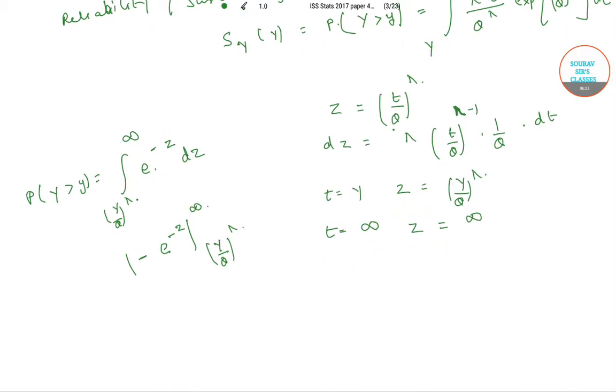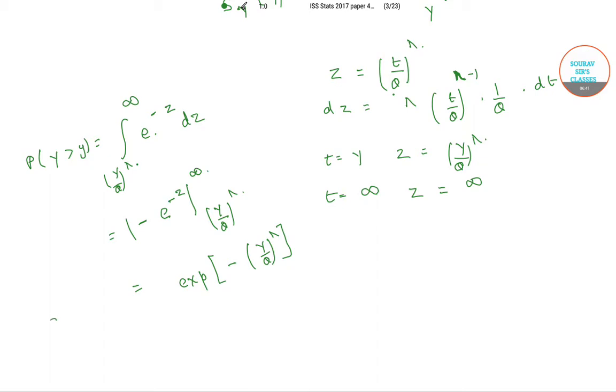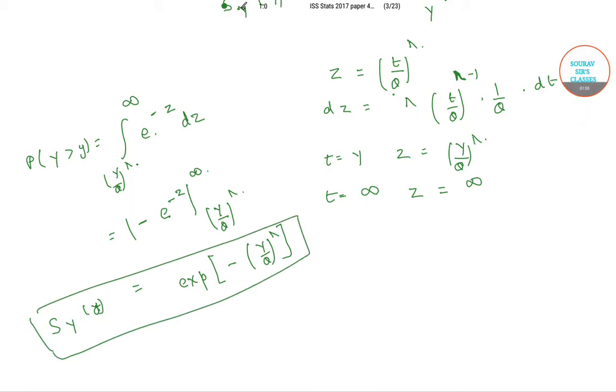Now we know that e raised to the power minus infinity is equal to 0. So this would be equal to e raised to the power minus (y by theta) raised to the power lambda. So our survivability function, that is S(y), is equal to e raised to the power minus (y by theta) raised to the power lambda. So this is the survivor or reliability function.